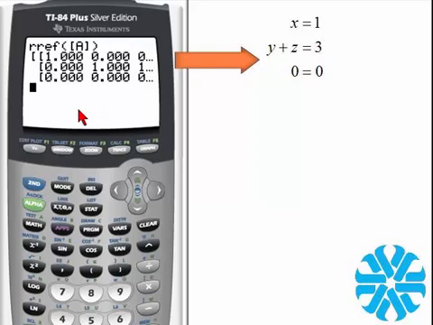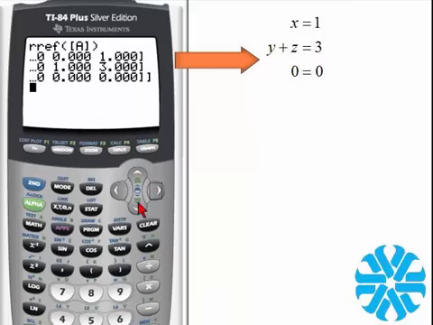So we have here that x, or 1x, there's no y, and no z, equals 1. So x equals 1. And let's look at the second row. Right, and that says that there is no x, there's 1y plus 1z equals 3.